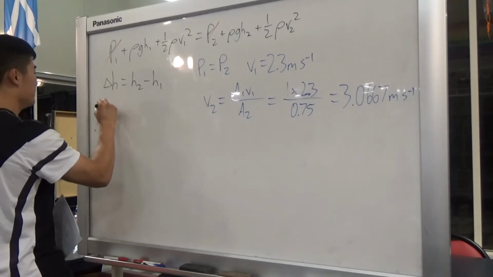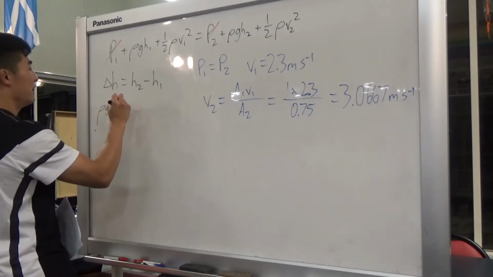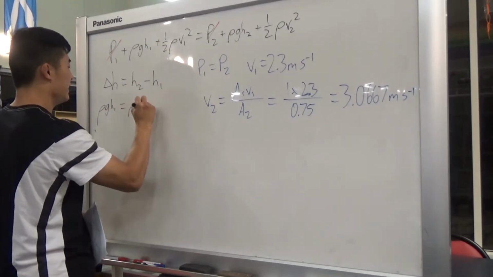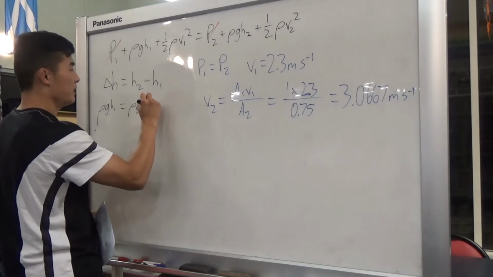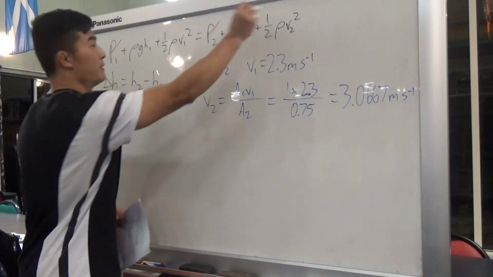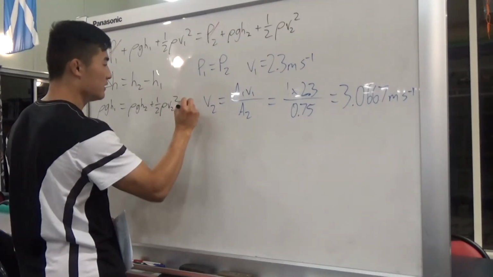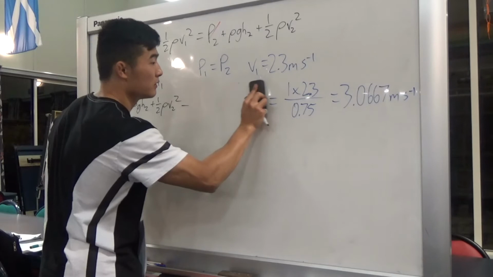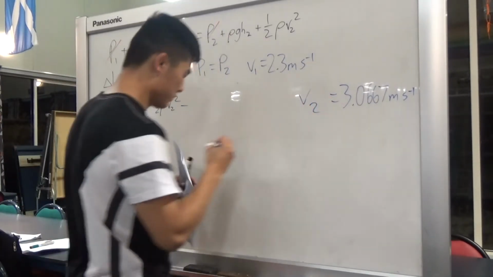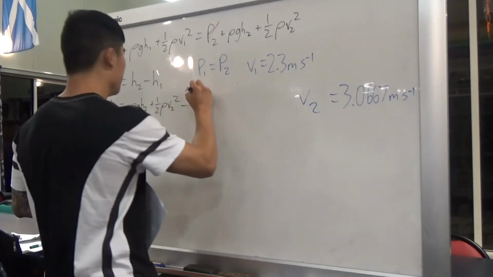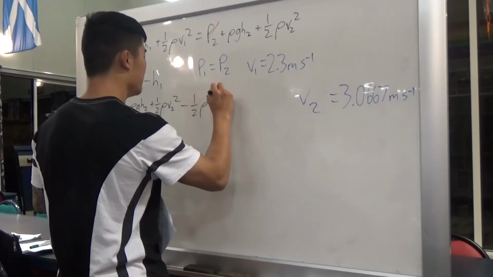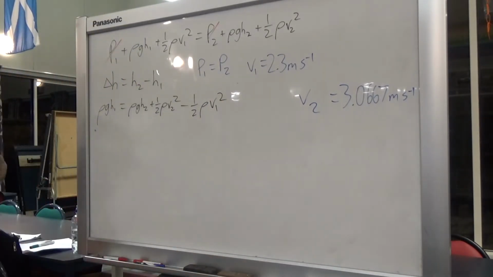So that's going to be rho GH1 is equal to rho GH2 plus half rho V2 squared, minus half rho V1 squared, okay?